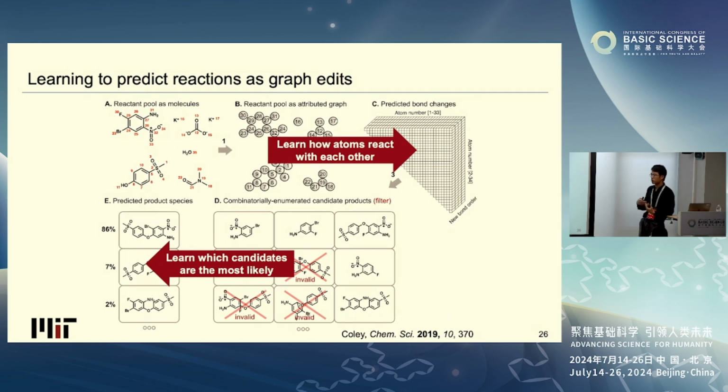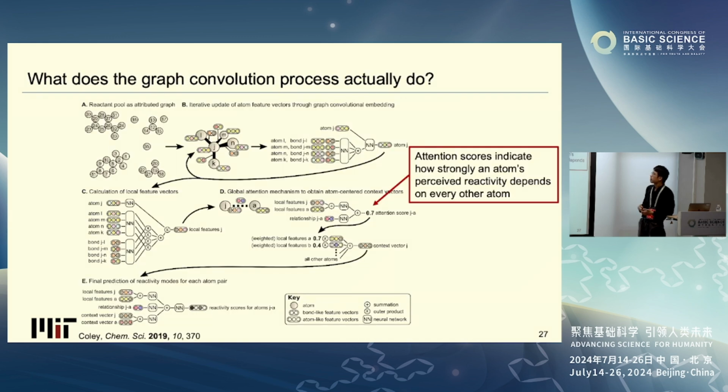The elimination of templates also made this approach able to cover a wider range of chemical reactions, and it got more accurate. With this graph-based approach, we can also take advantage of the attention mechanism to generate some interpretation of the model predictions.